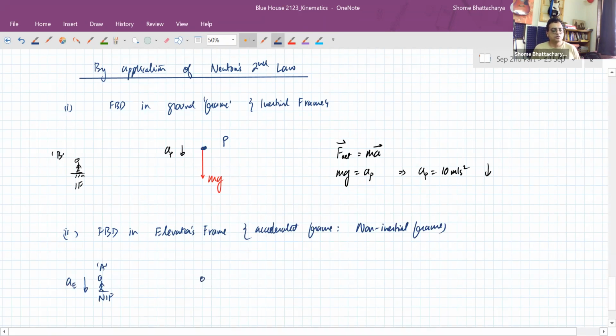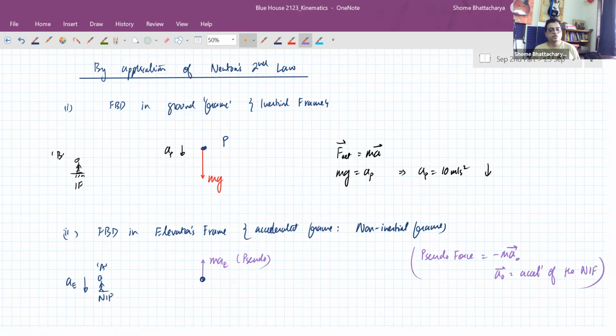So on the particle now, there is pseudo force. Okay. And pseudo force's direction should be opposite to the acceleration of the frame, and the magnitude should be, so pseudo force, remember, given by the equation minus of m into A, or A naught, let's say, where A naught is the acceleration of the non-inertial frame, not the acceleration of the particle, but the acceleration of the non-inertial frame.